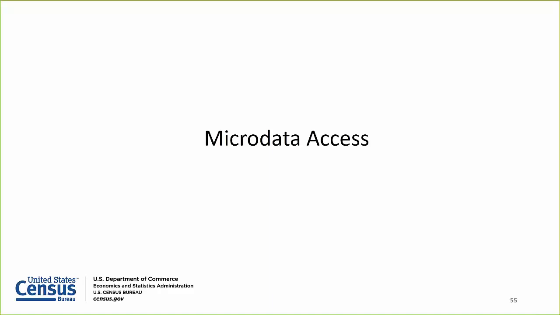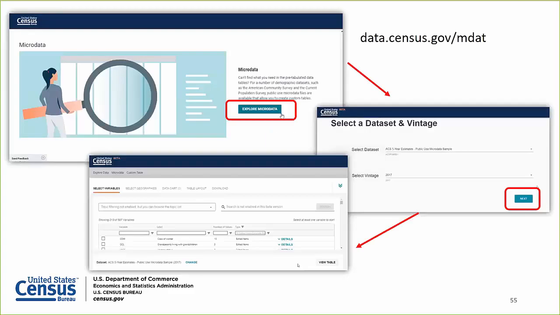For example, all children that are 5 years old within a given area by some characteristic. So what we've done is we've created what we call our microdata analysis system that will be incorporated within data.census.gov.